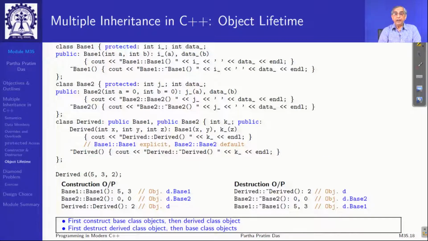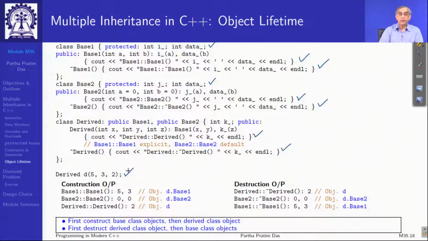Now, for the same example, let us look at the object lifetime, construction and destruction. Along with the data members, we have also provided the constructor and destructor with cout to tell us what is going on.